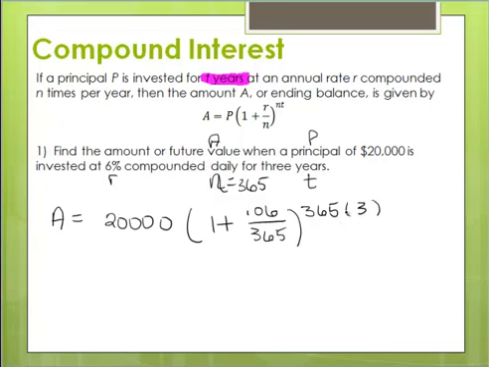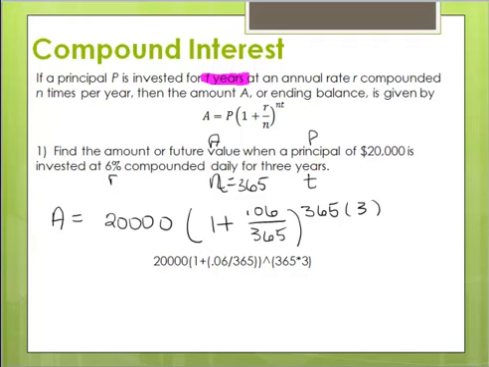So now all you have to do is put all that in your calculator. The key to this is make sure you do not round anything until the very, very end. So this is what it looks like when I put it in my calculator. 20,000 times 1 plus 0.06 divided by 365, all to the 365 times 3.